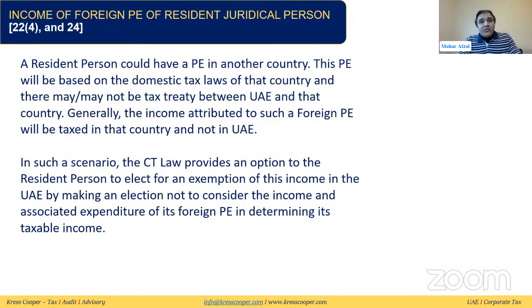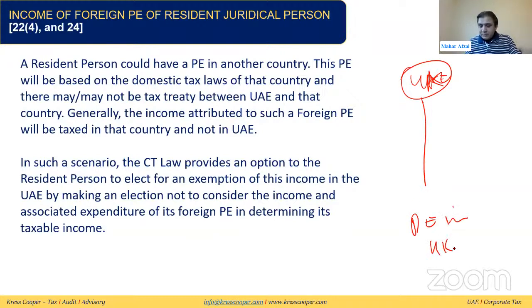Fourth, income of a foreign resident juridical person. Let's say a resident could have a PE in another country. This UAE company has a PE in the UK.